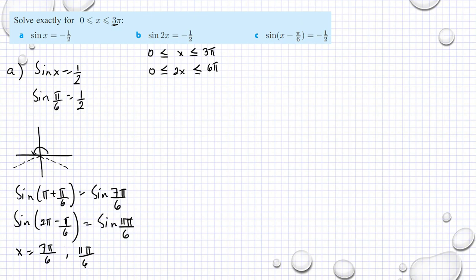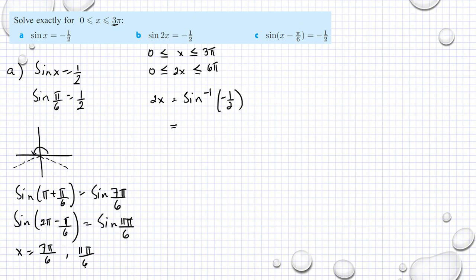That means we have 6 pi this time. So we now have 2x is equal to arc sine of negative 1/2.